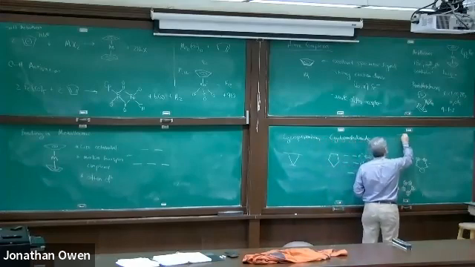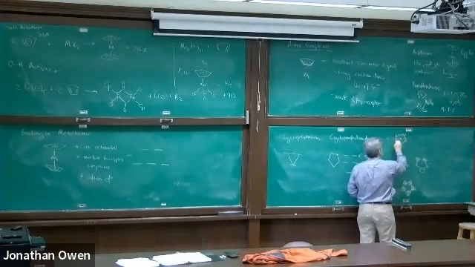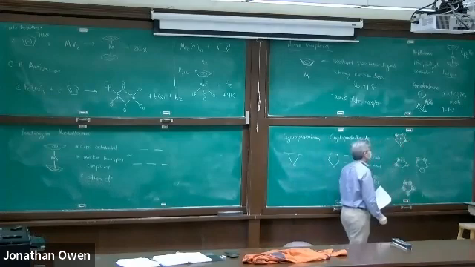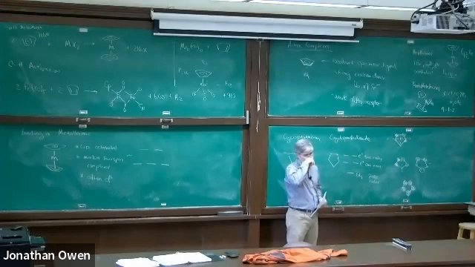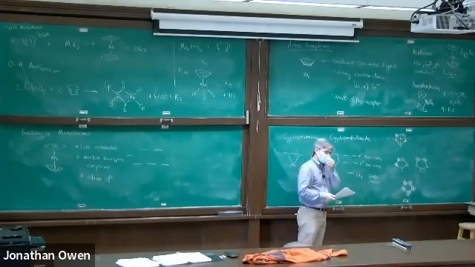Let's do the next one. Pick along one atom. And then this is going to have alternating symmetry as you go around. That kind of looks like a d orbital, doesn't it?